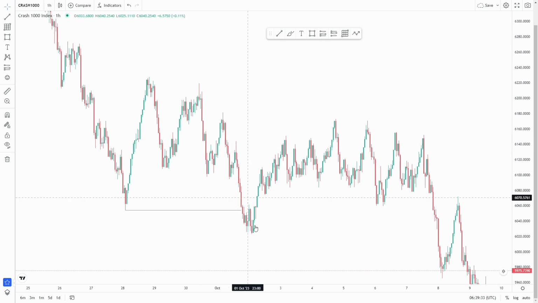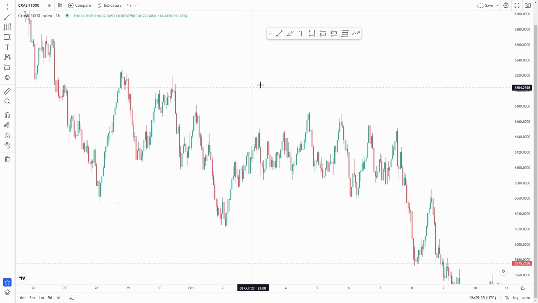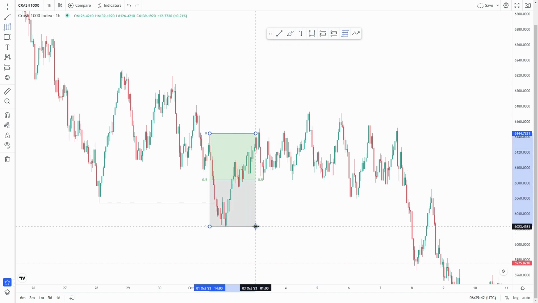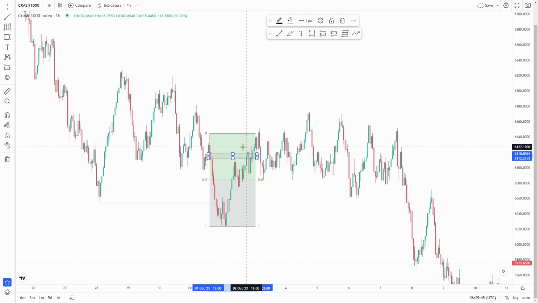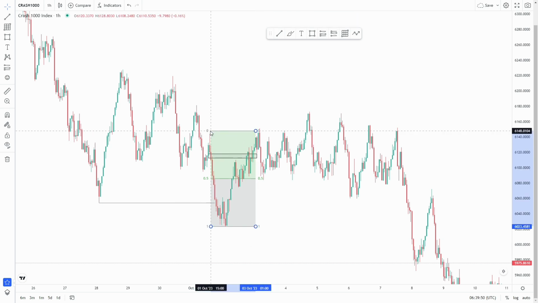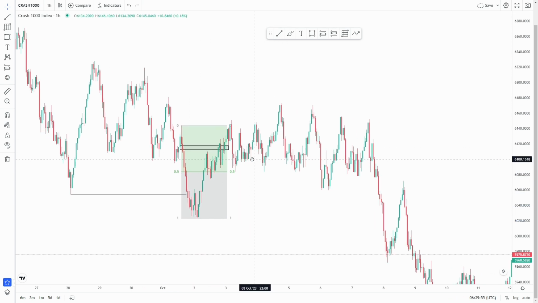That one took that one out, so I'm going to measure it from here. Where's our closest one to the high? It's going to be there. Got tagged in, stop loss just above it, and we got stopped out.